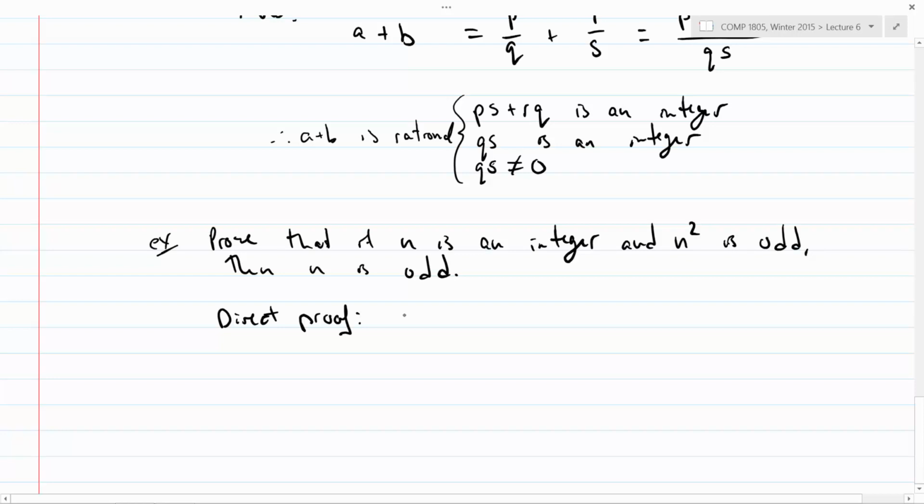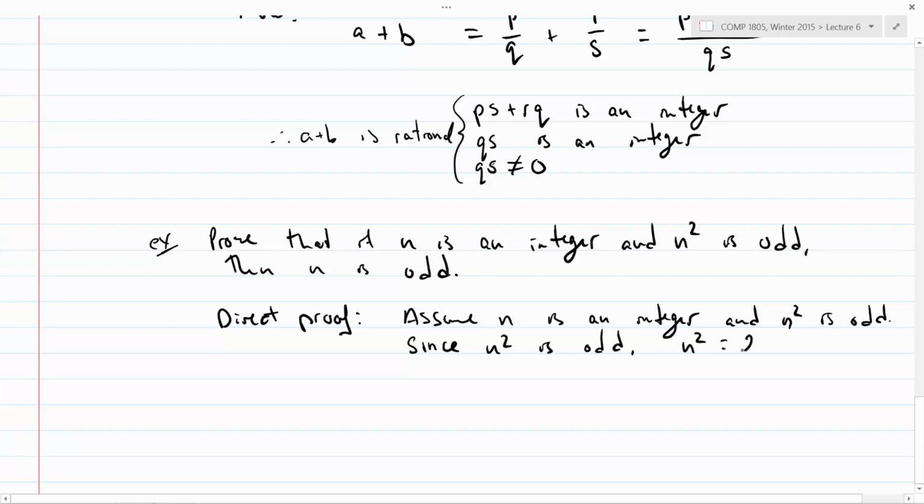If we wanted to do a direct proof, we would assume n is an integer and n squared is odd. Then we would say, since n squared is odd, n squared is equal to 2k plus 1 for some integer k.